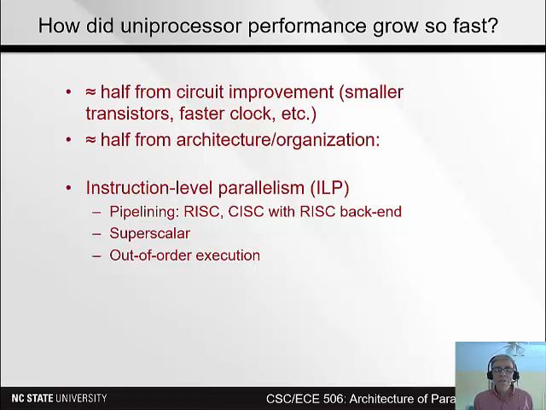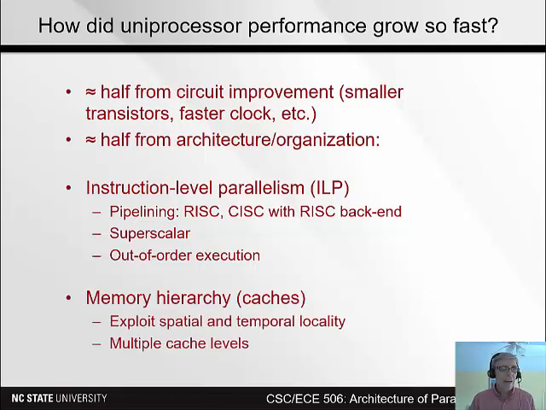Your instructions could finish out of order, but all of the results that they computed had to be kept behind the scenes in the computer architecture so they could be written to registers and memory in the proper order, in program order. And that technique was actually achieved back in the early 1960s with Tomasulo's algorithm. And if you've taken ECE 563, I know you've studied that.